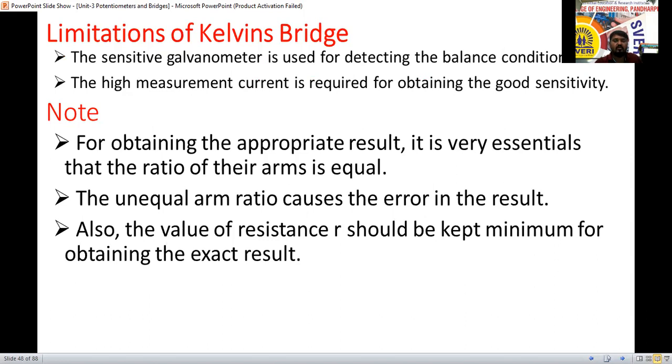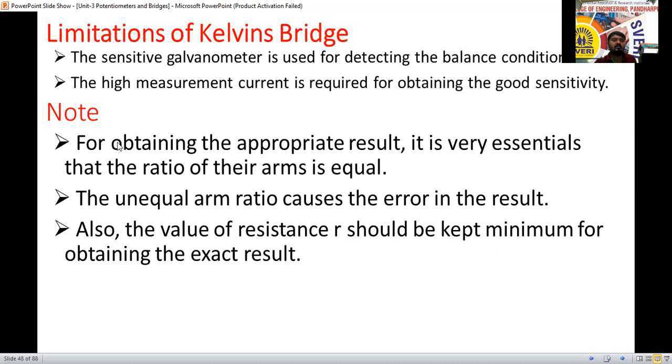For high resistance it becomes non-sensitive, so errors may occur. Then a high measurement current is required for obtaining good sensitivity. The measurement current is required to be very high for obtaining good sensitivity.